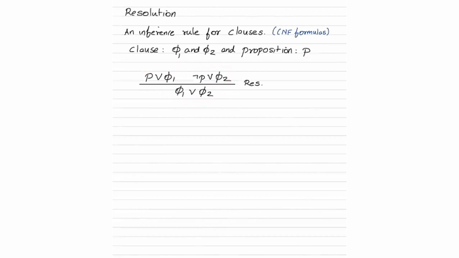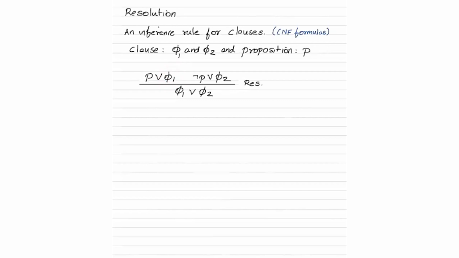So just to give you a short justification of this rule, why it preserves validity. Look at the first formula, and suppose P does not hold. This is a disjunction, so if P does not hold, then for the disjunction to hold, phi1 has to hold.